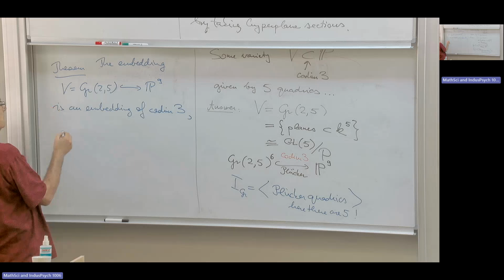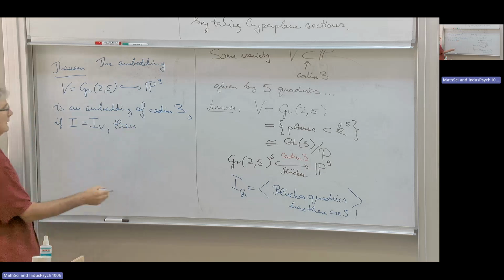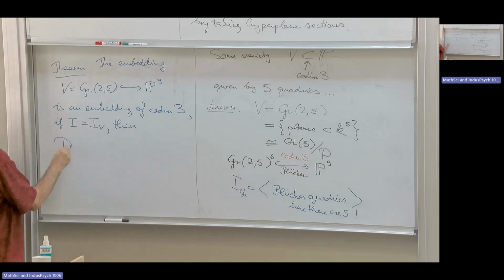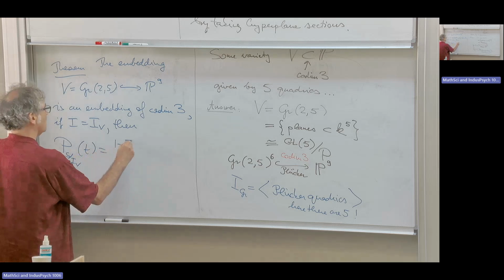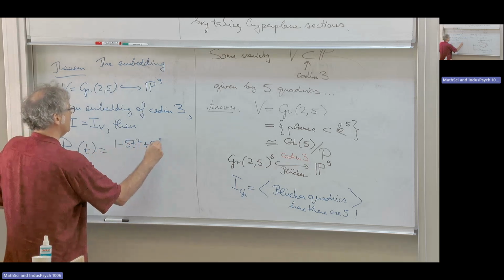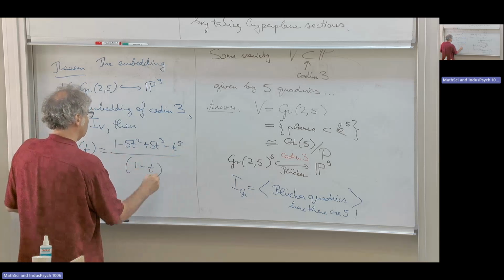And the corresponding, so if I equals the ideal of this variety, then the Poincaré series of S mod I_V is 1 minus 5t squared plus 5t cubed minus t to the 5th over 1 minus t to the 10.